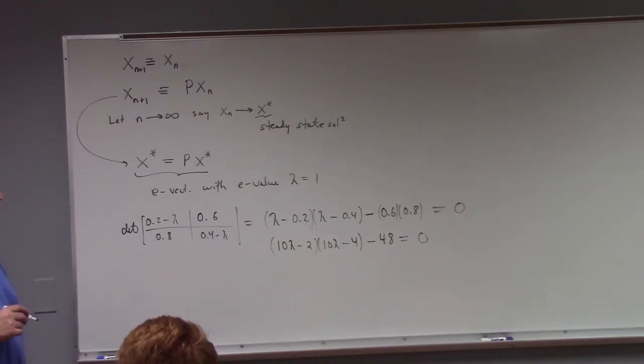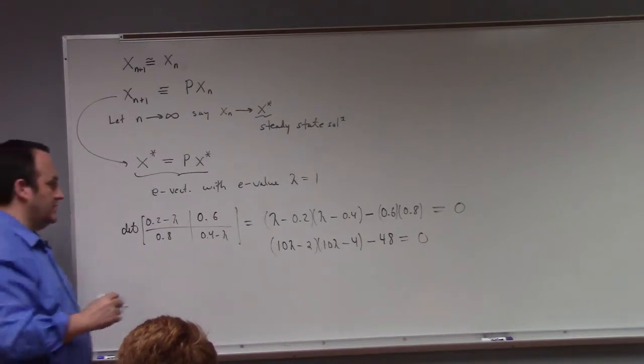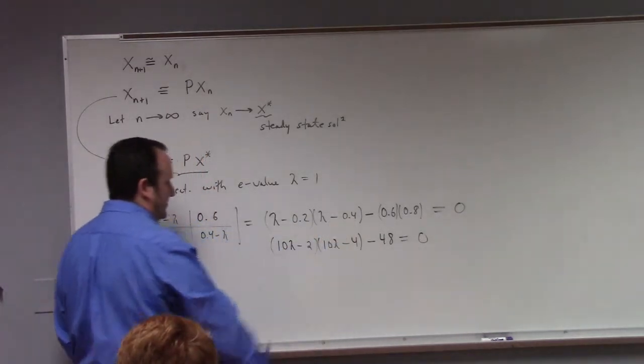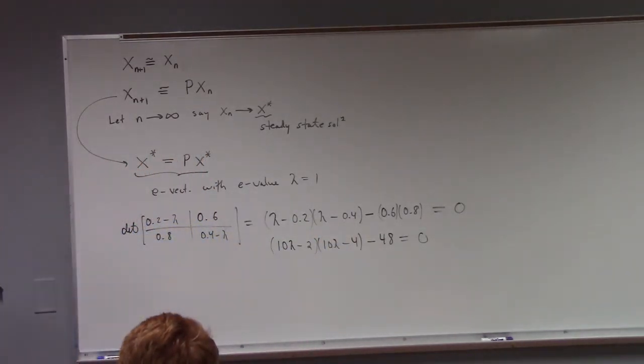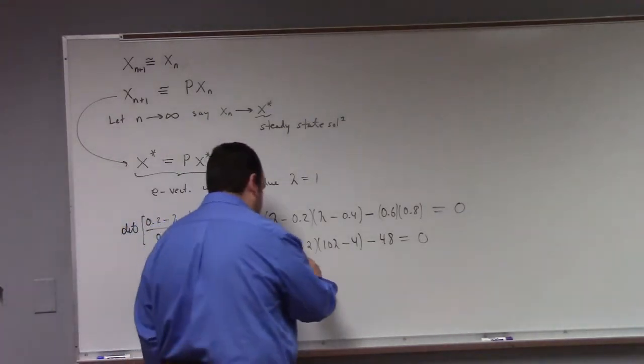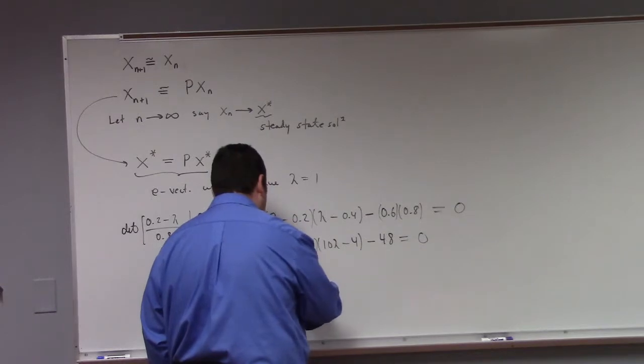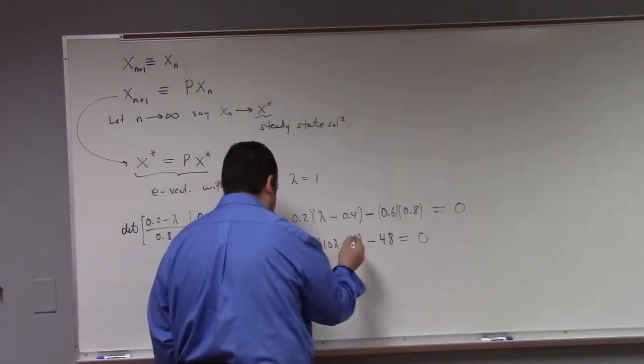I multiplied by 100. I just took the 10 times this one, 10 times that one, 10 times 6.6. You can do the algebra however you want, but what we got here? 100 lambda squared. I guess it really didn't do much for me.